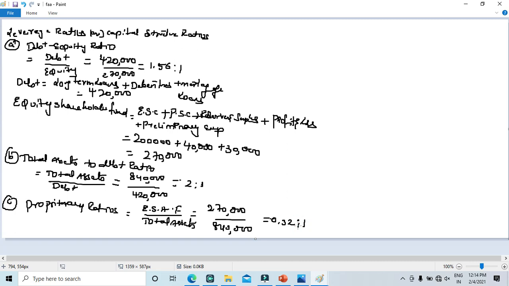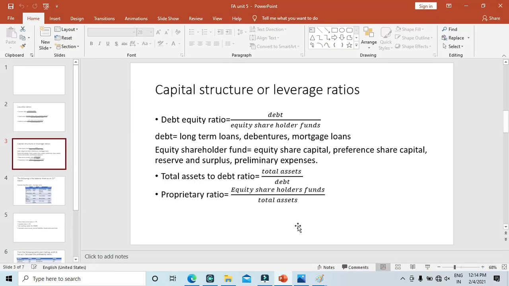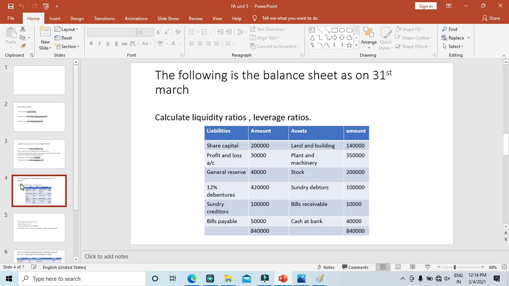So I thought we'll do this sort of question also, as it may be asked. He'll not only give you the amounts and ask you to calculate the current ratio; he may also give you the ratios, and out of that you need to calculate the current assets and current liabilities.